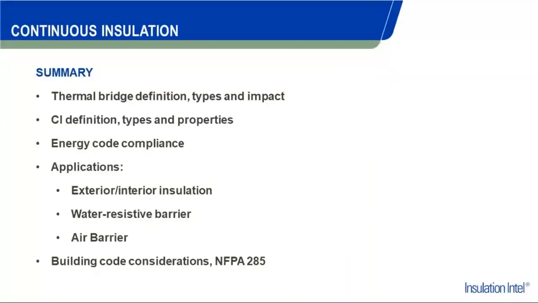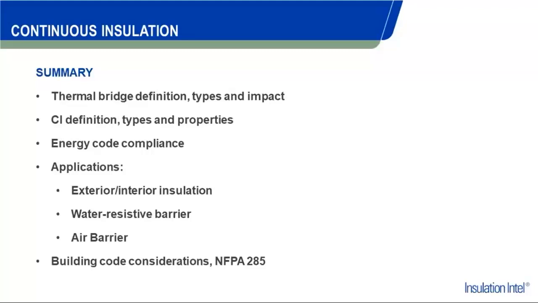So we've covered quite a bit of material here on thermal bridges, defining what thermal bridges are, what types of thermal bridges can occur, and some of the negative impacts that actually could affect the comfort level of the building. What a continuous insulation would be, what types or options you have out in the market, and some of the properties that would affect some of the decision making or what you're trying to achieve in your design.